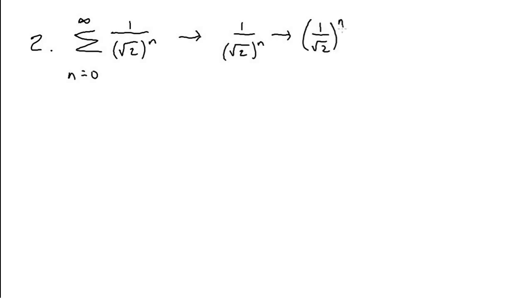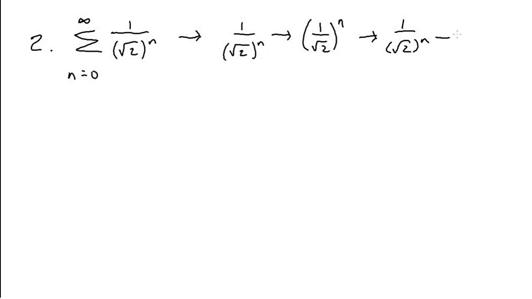Because remember, when you take a fraction to the n power, you have to take both the numerator and the denominator to the n power and distribute that exponent. So if we distribute, we'll get 1 to the n over the square root of 2 to the n. And no matter what you plug in for n, 1 to the n is always going to be just 1. So I can remove that, and we'll get back to where we started.